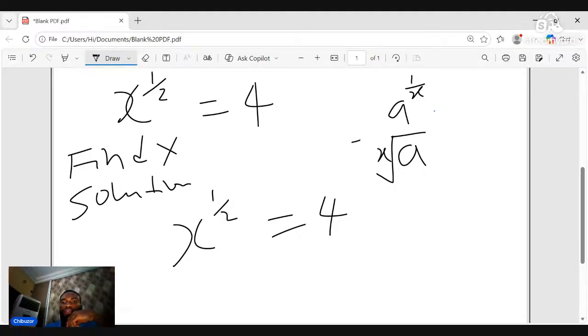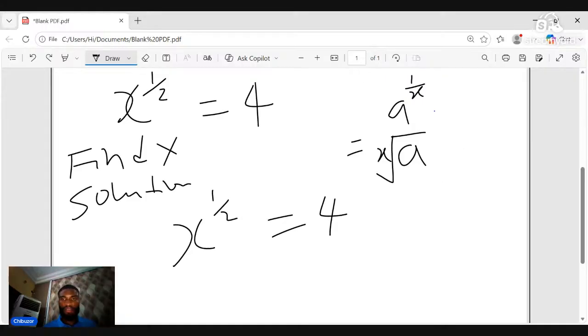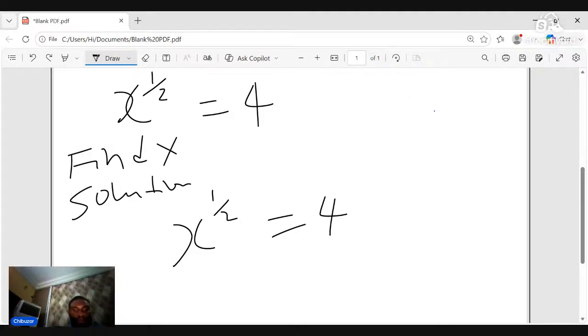This is the general fraction law of indices, or root power of indices. If we apply that law here, we'll have the square root of x is equal to 4.